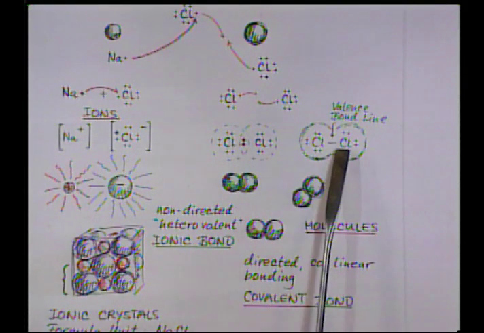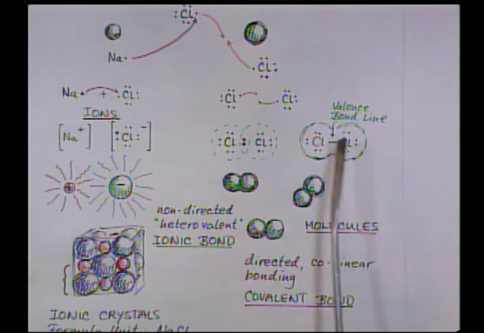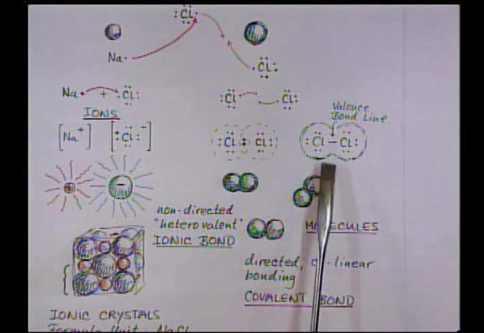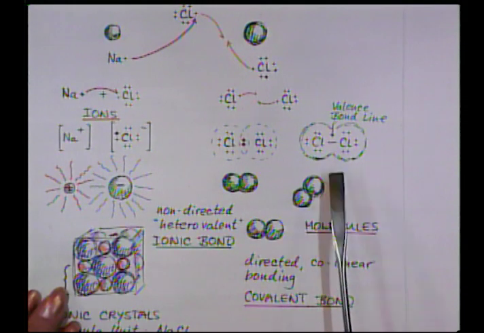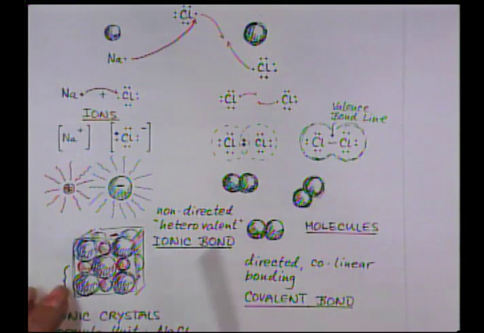And this electron pair we can symbolize by the so-called valence bond line, which has to connect the two atoms in a horizontal fashion or vertical fashion, but it's never written close to the atom like we do the lone pairs. So it connects the centers of the two atoms. This is a symbol for us chemists. So we can distinguish easily in the so-called Lewis dot structure the lone pairs and the bonded pairs.